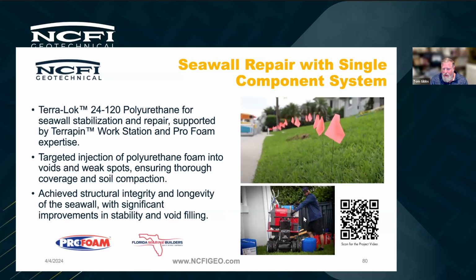It's an all-encompassing little device, a motor powered, battery powered, self-propelled cart that has a generator and the pump and room for equipment and tools as well as grout. And so Florida Marine Builders and Profoam tackled this project together. Good seawall repair job using the single component injecting behind the seawall.